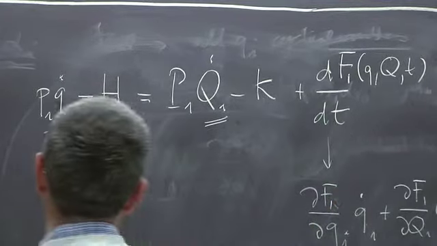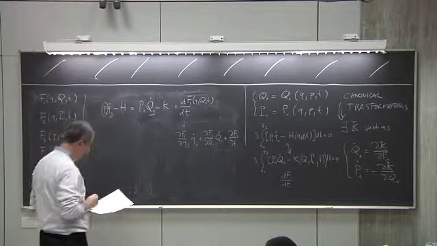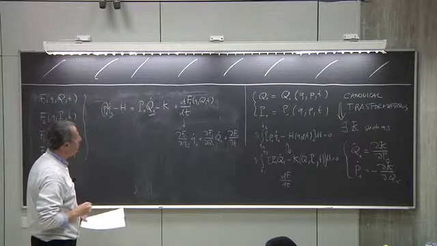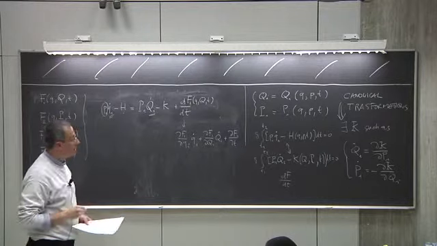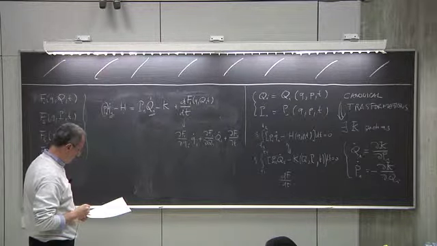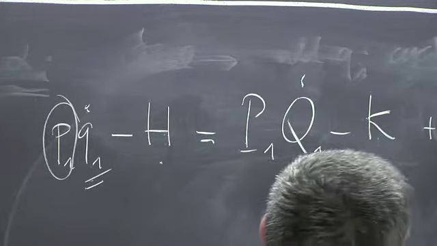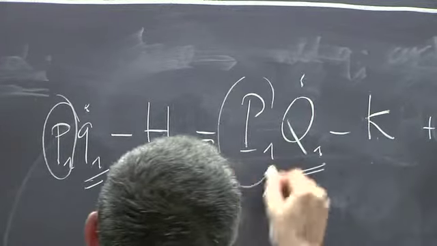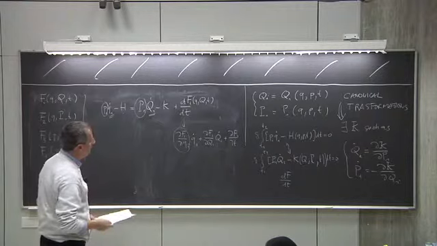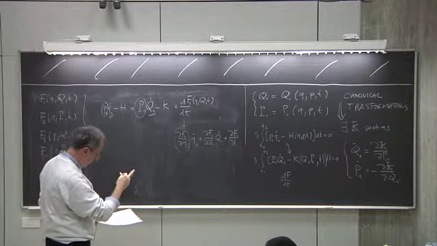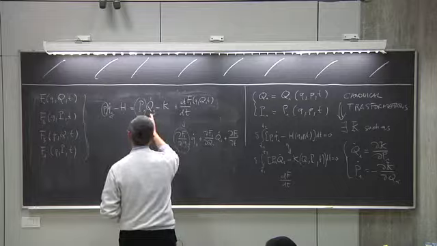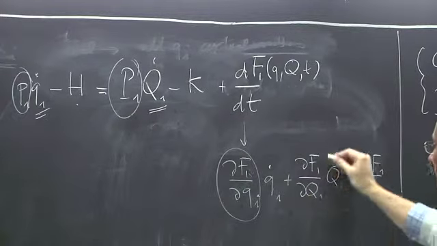That means that this p_i must be equal to dF1/dq_i, and the big P_i must be equal to the other guy, actually with the minus sign, because it's on the other side.